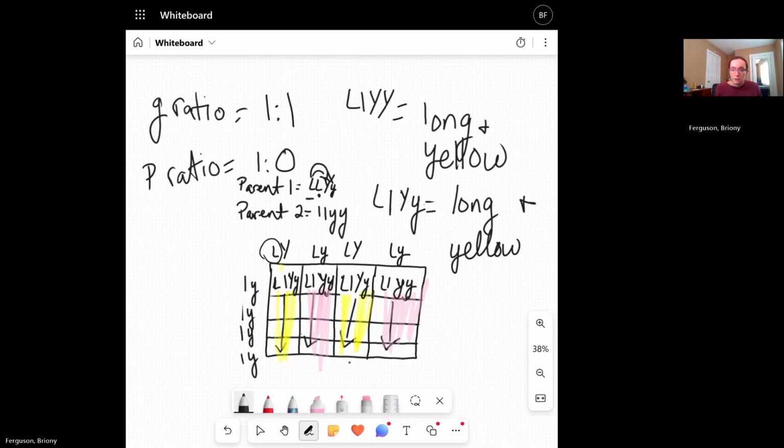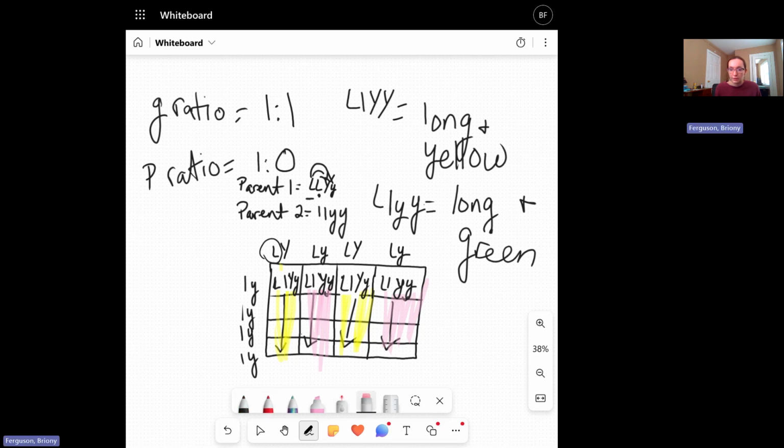All right. So now, this is going to be long. And instead of yellow, the resulting phenotype is going to be long and green.